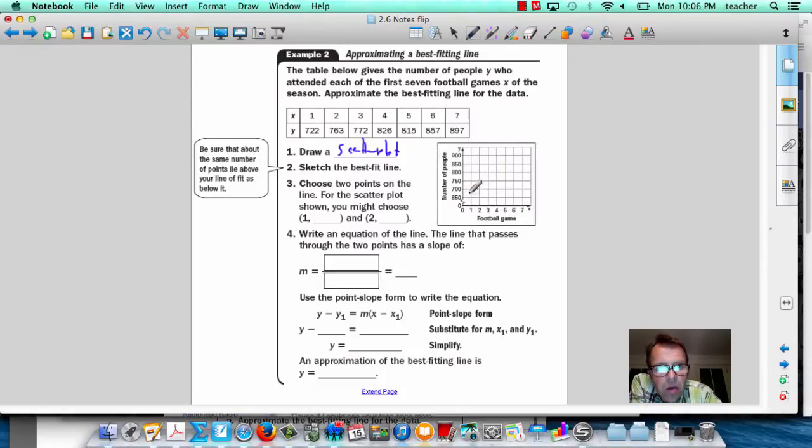And here we go. It dropped down a little bit at game 5, they lost some players or had a lower attendance.